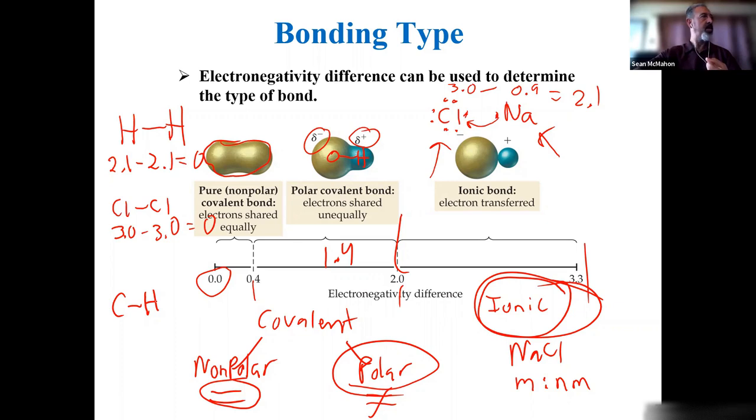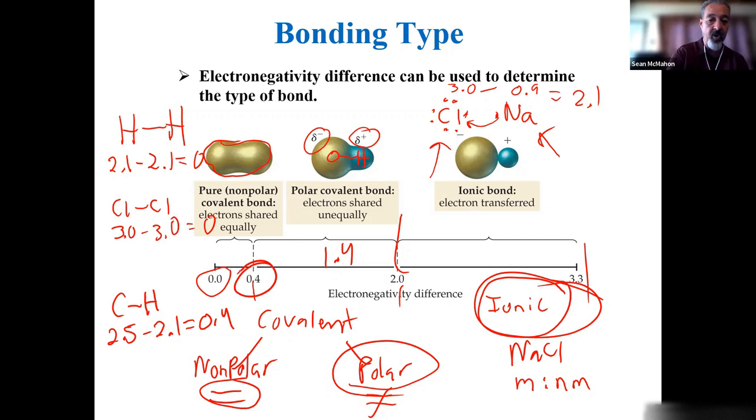Carbohydrates. The carbon skeleton's the backbone, but what's attached to the carbon other than other carbons is hydrogen. So I want you to realize that the difference in electronegativity between the carbon, which is 2.5, and the hydrogen, 2.1, is 0.4, which means the carbon-hydrogen bond is nonpolar.